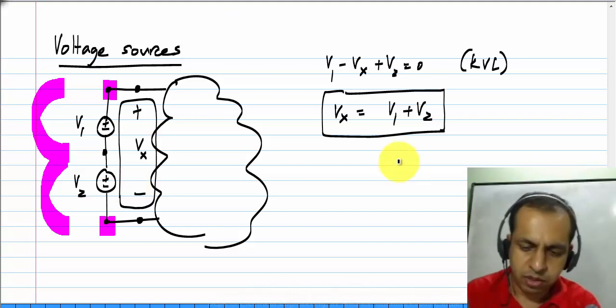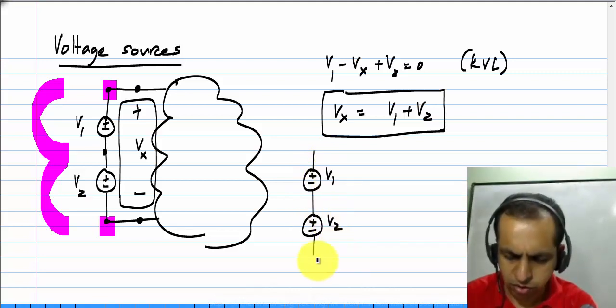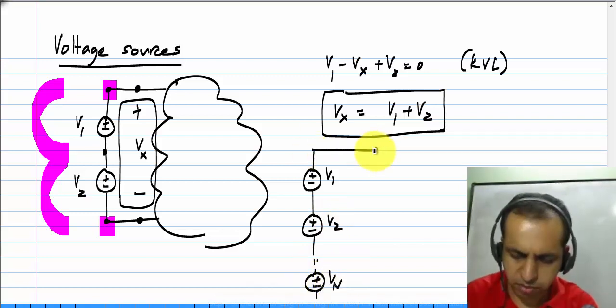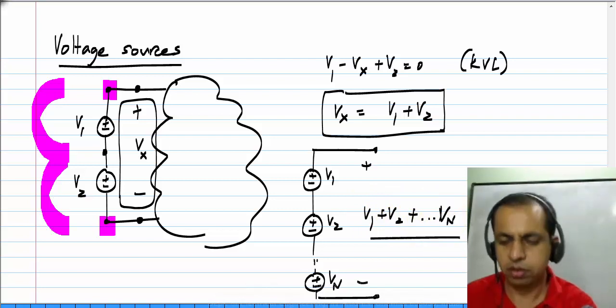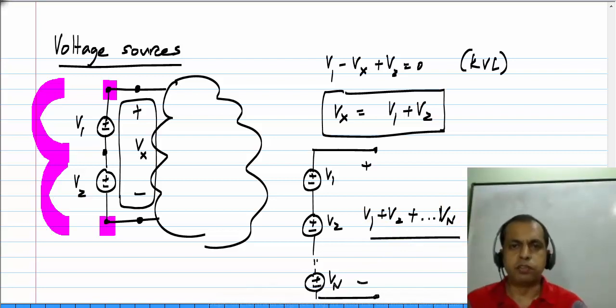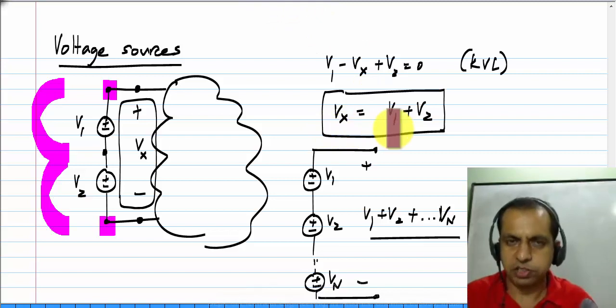So in general, if you have a number of voltage sources in series, V1, V2, all the way to Vn, the net voltage is V1 plus V2 plus all the way to Vn. So a series connection of voltage sources behaves like an equivalent voltage source, because we see that this Vx here is a fixed value.